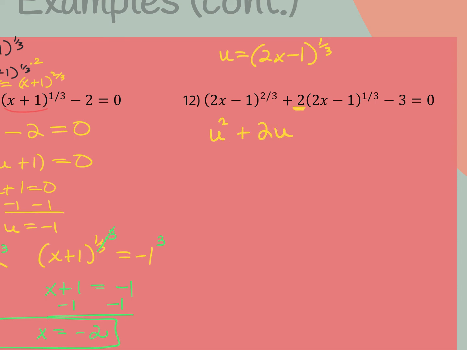I'm not including the coefficient here in my u, so I just put it in front of the u, minus 3 equals 0. Factors of -3 that give me +2, +3, -1. Solve for u. Subtract 3.